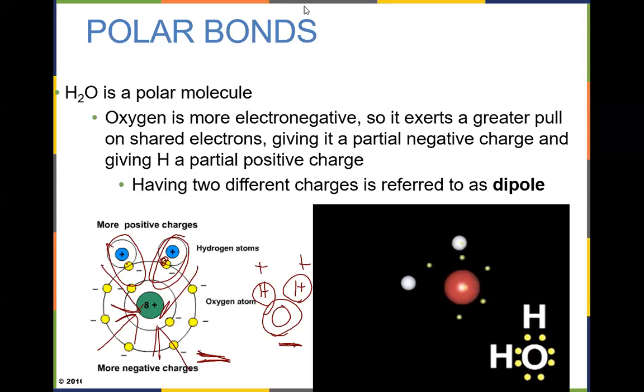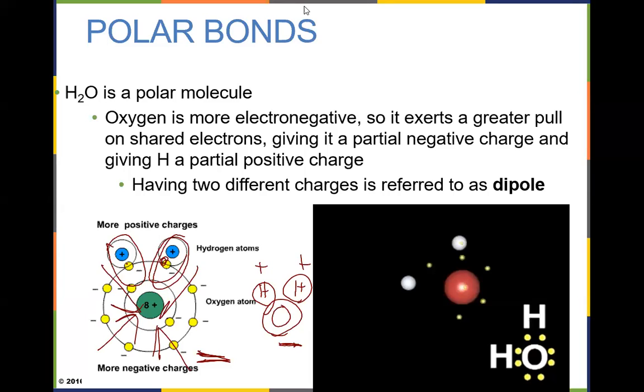Because you've got 8 great big protons there with a big positive charge, and now you have your 10 electrons being pulled down there, 8 from the original oxygen plus 2 from the hydrogens. So now you're pulling all those electrons down towards the nucleus.